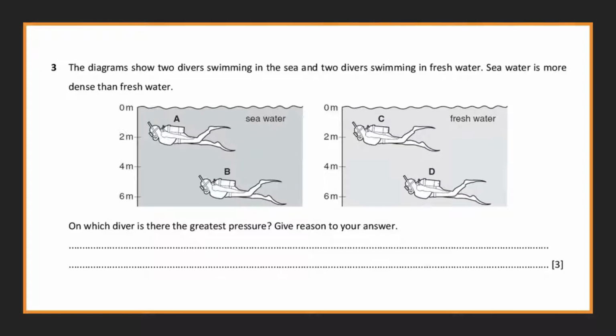From the problem, we know that the density of seawater is greater than the density of fresh water. Let's write down: density of seawater is greater than the density of fresh water.